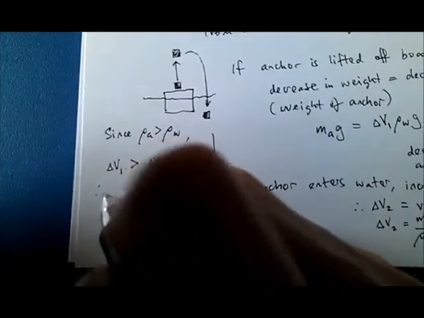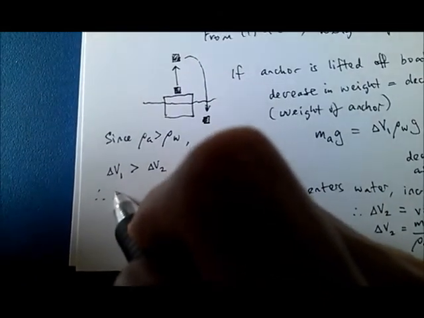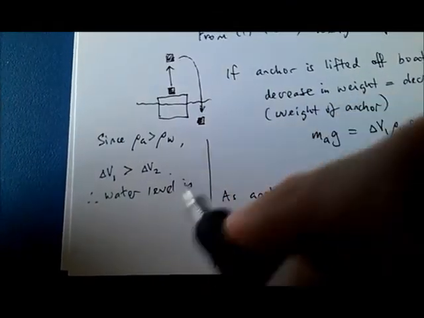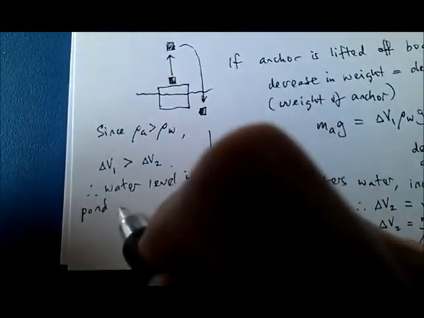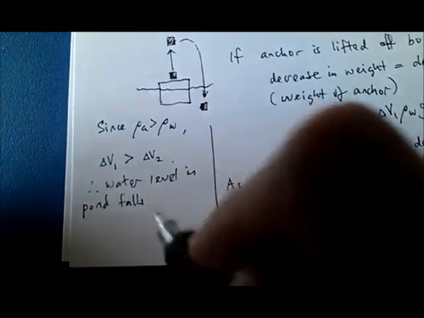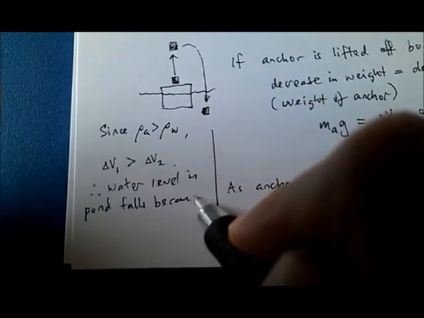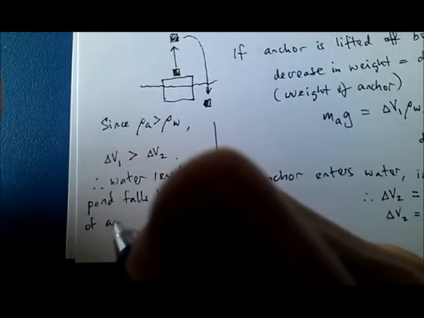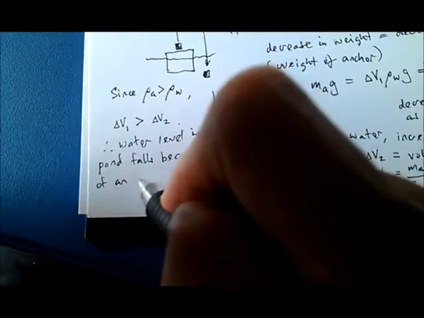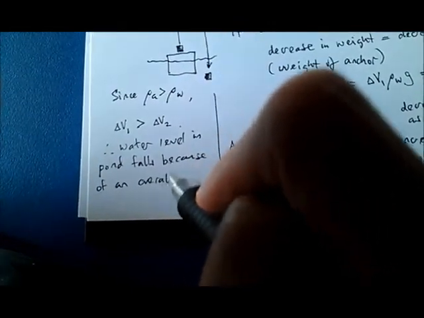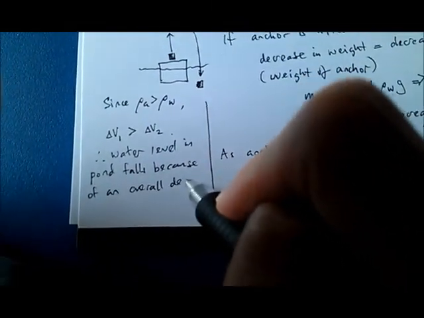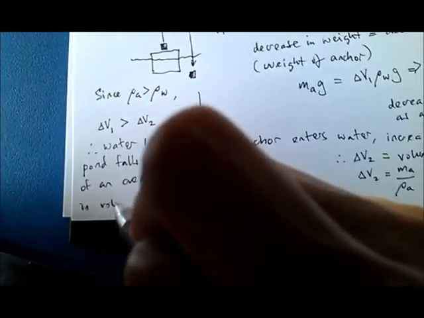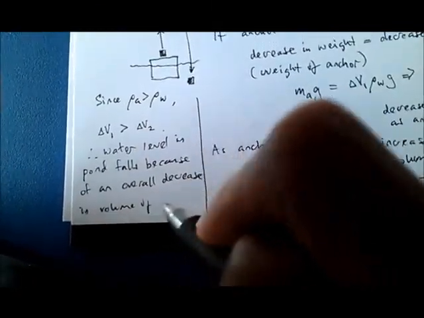Therefore, the water level in the pond falls because of an overall decrease in volume of water displaced.